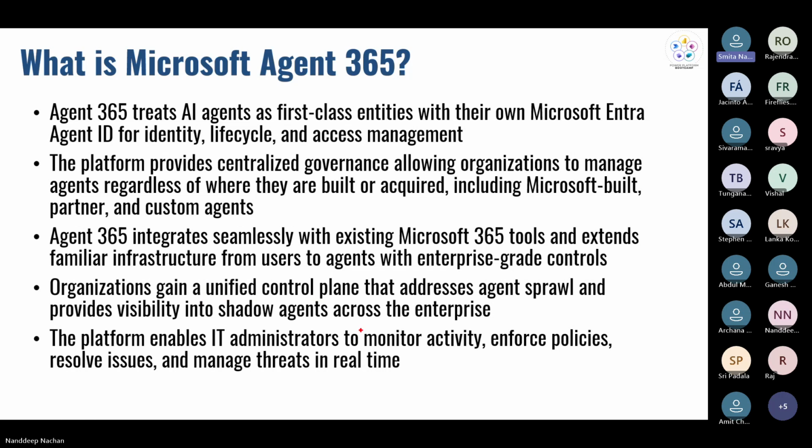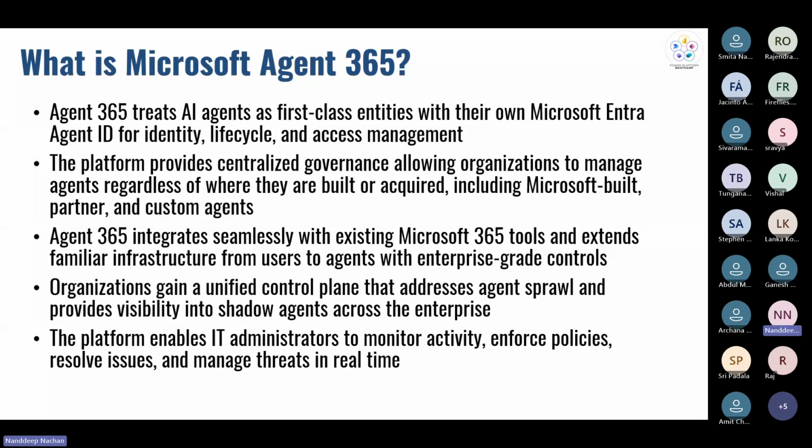Without monitoring, things become risky; Agent 365 ensures enterprise-level safety. So why does this matter? As organizations move from AI experiments to an AI workforce, governance becomes critical. It shifts AI from being an isolated tool to being part of the enterprise identity and governance fabric.